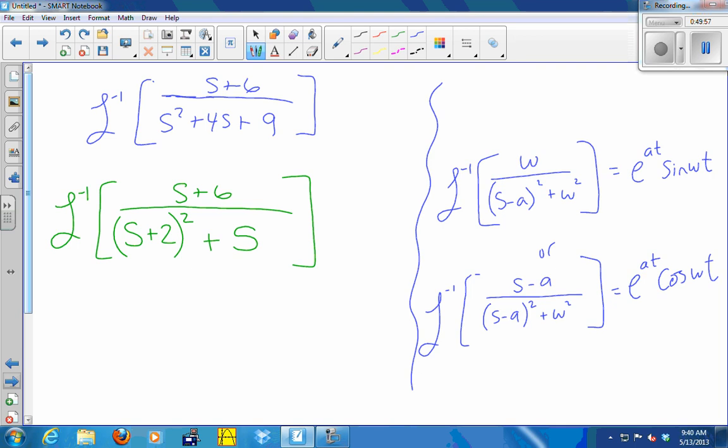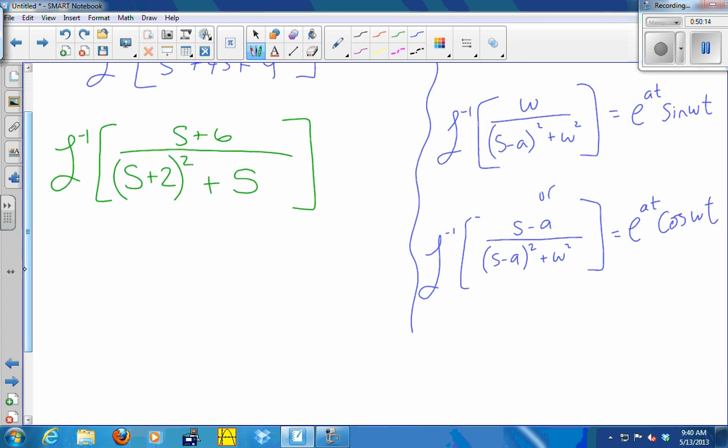But I need my numerator to be either s minus a, so an s plus 2, or an omega, square root 5. It's easier to make an s plus 2, so let's do that. S minus negative 2, yeah.